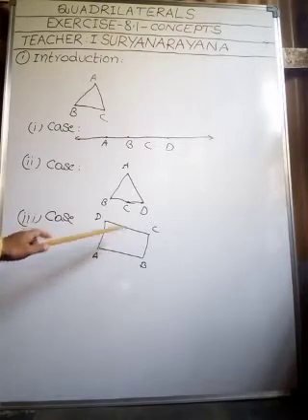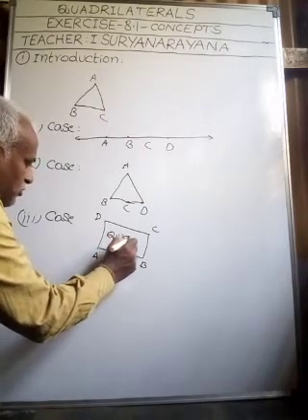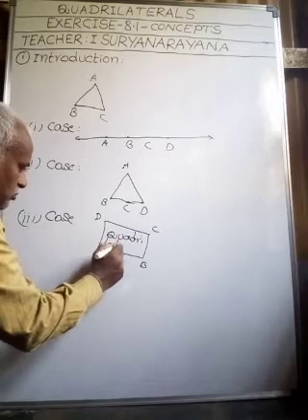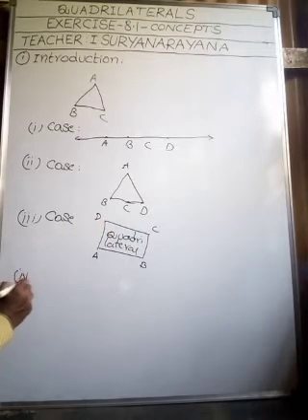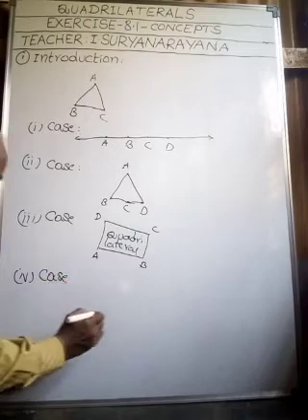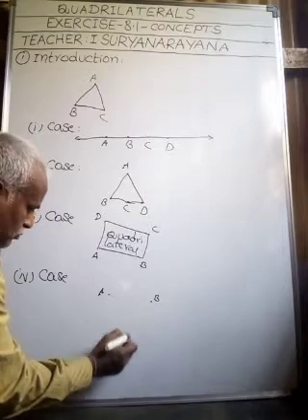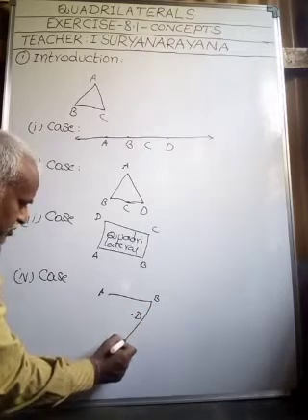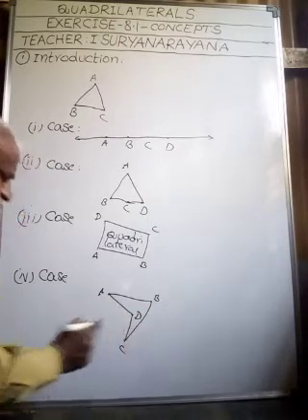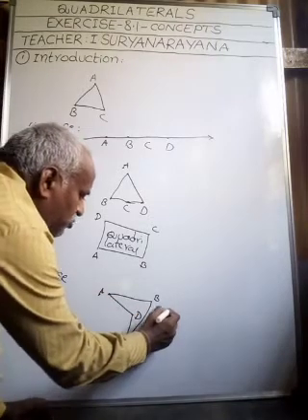Okay, my children, this is called a quadrilateral. This is one type of quadrilateral. And one more case is there, the fourth case. If we join these four points like this in pairs, we get a figure like this also. This is also a quadrilateral.